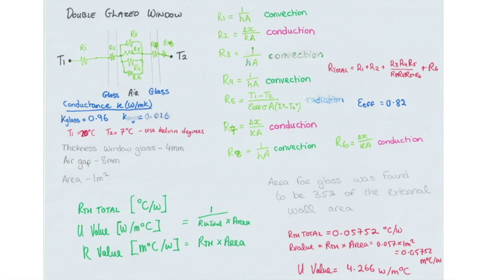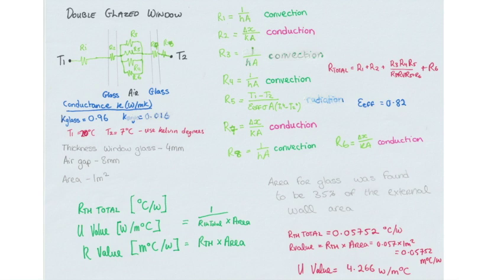I have another example shown here for a double glazed window. I wanted to show this as it is a bit different to the ground floor slab, as this also includes radiation and modes of transfer which are occurring in parallel to each other.